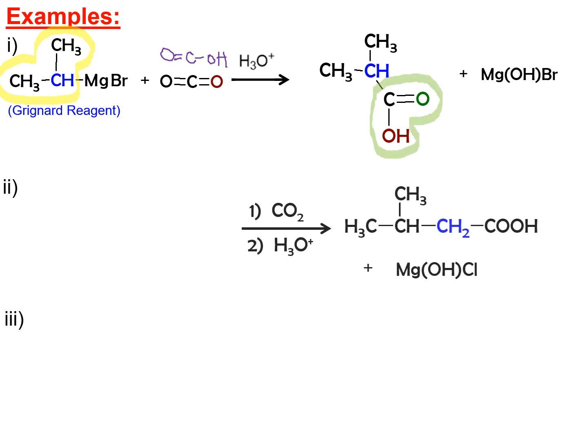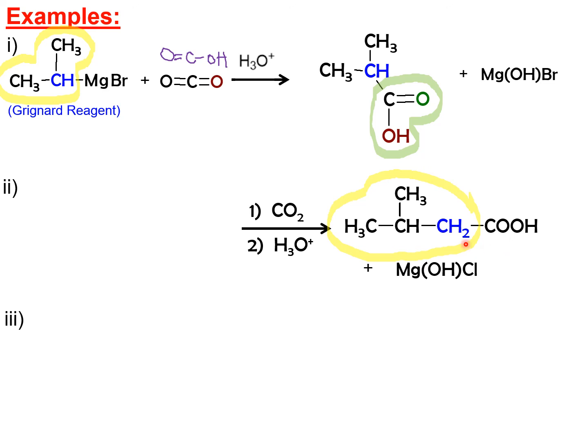Okay. Next, if let's say you have this carboxylic acid compound, and then previously dia ada react dengan carbon dioxide dengan further hydrolysis. What is the possible Grignard reagent yang menghasilkan this carboxylic acid? Okay, again, if you look at this compound, you kenal pasti which one yang alkyl group attached directly pada COOH. So, this is it, the alkyl compound ataupun alkyl group yang directly attached pada COOH.